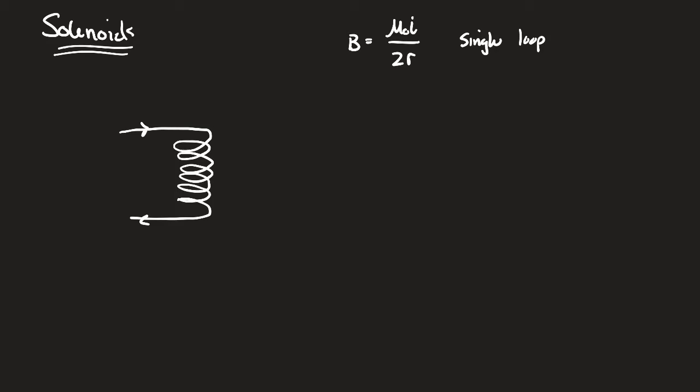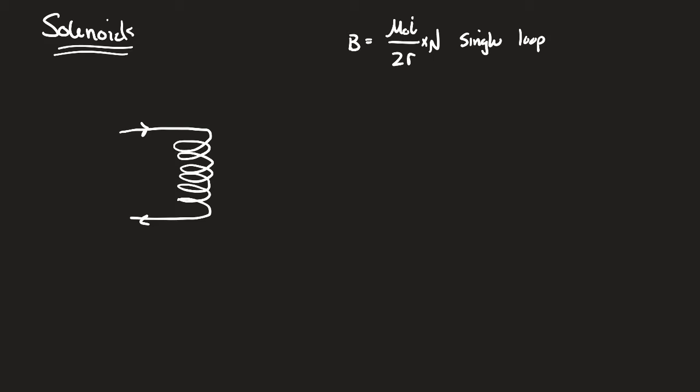Well, it shouldn't be a huge surprise that if we could get lots of loops there, then we can increase the size of that magnetic field. Right? We double the magnetic field by doubling the number of loops. So the more loops we can put together, the stronger the magnetic field.